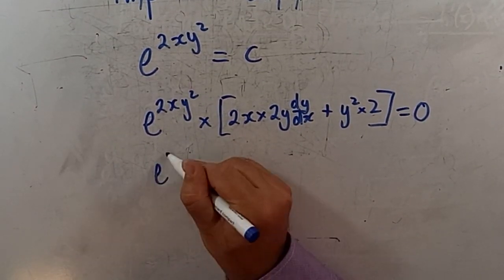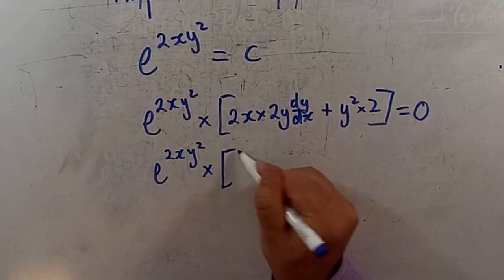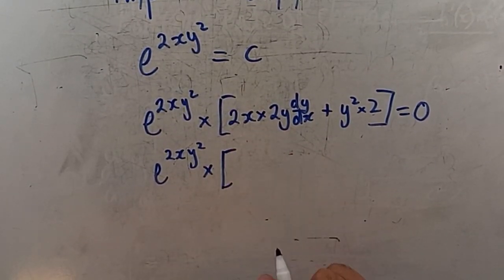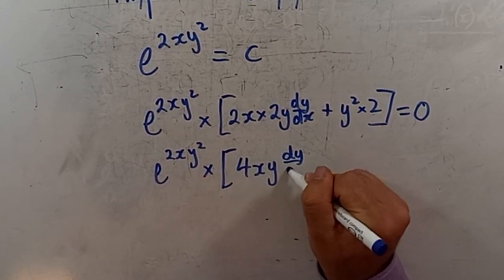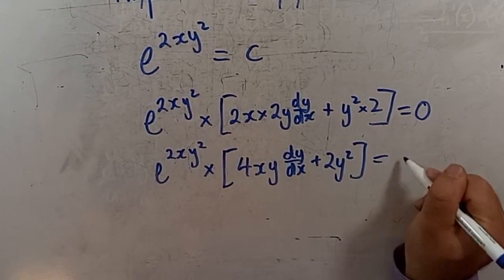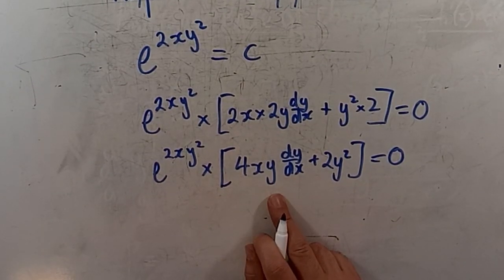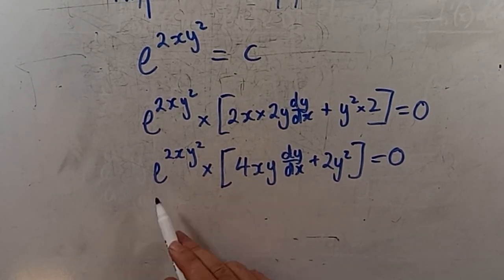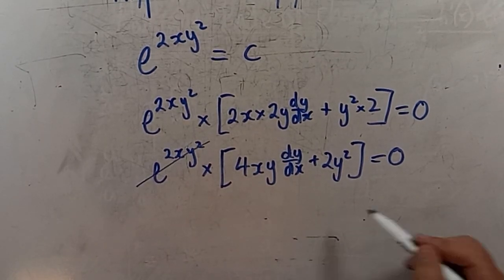Alright, what have we got here? Let's try and work this out a bit better. Hopefully I haven't made a mistake. What have I got? I've got 4xy dy/dx plus 2y squared. Okay, just simplifying it up a bit. Can I rearrange this now for dy/dx? Okay, so I divide both sides by e to that, it's gone.